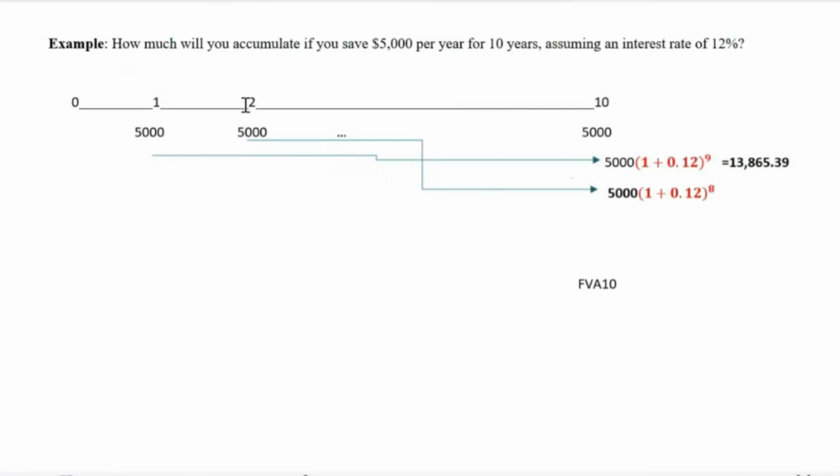Why 8? Because the distance between end of year 2 and end of year 10 is 8 years. So the second 5,000 will grow to 12,379.82.